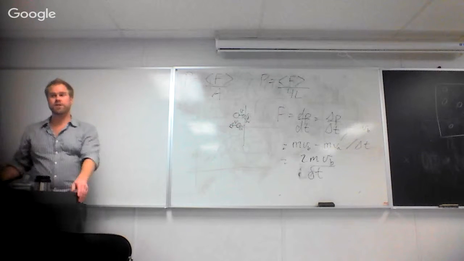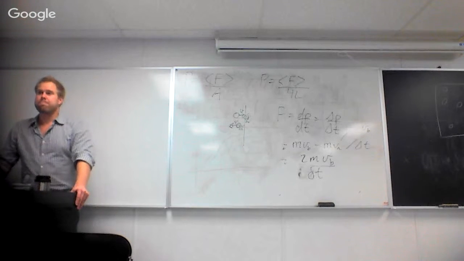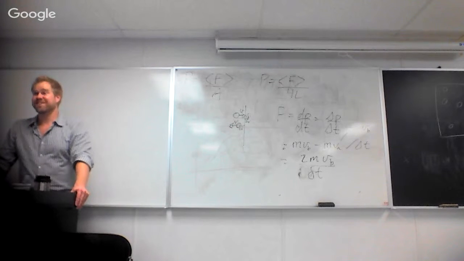But you're going to get the same number. You can add them all. In fact, if we make the time step too small, we might get rounding error. So it doesn't actually depend on the time step.